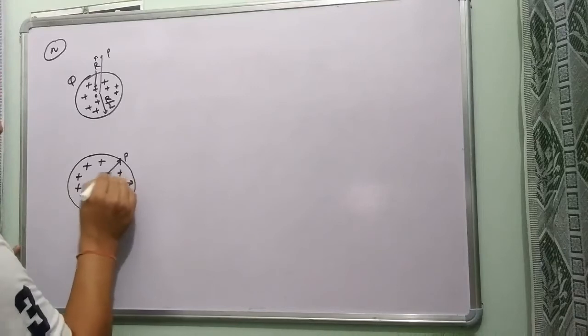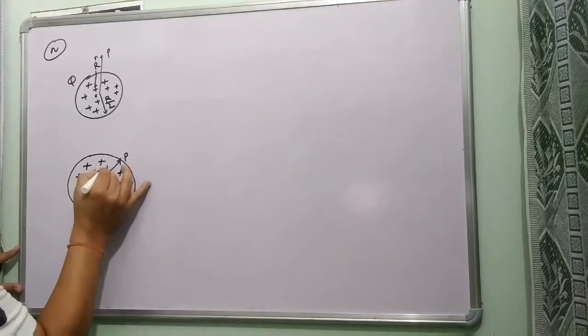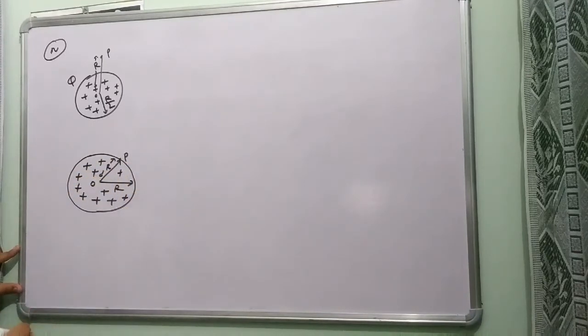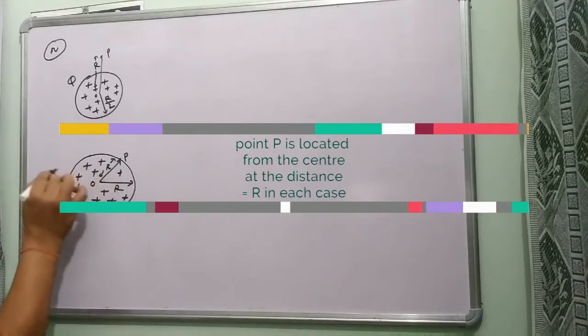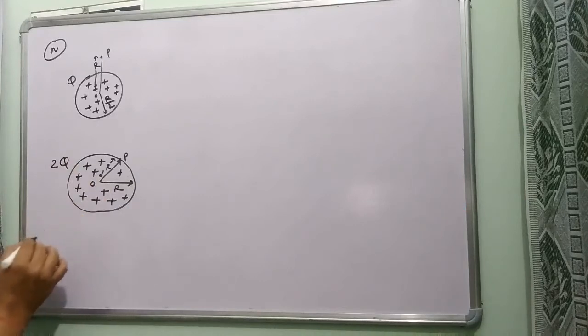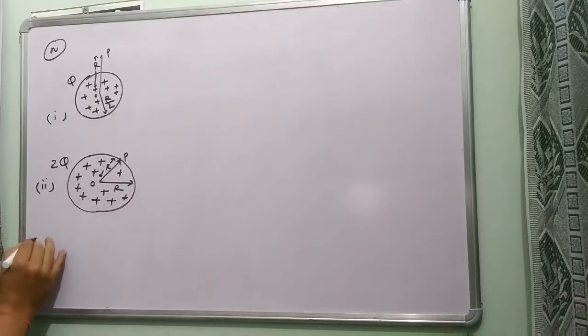In each case, the distance of point P from center is capital R. Charge on it is 2Q. This is the second solid sphere.